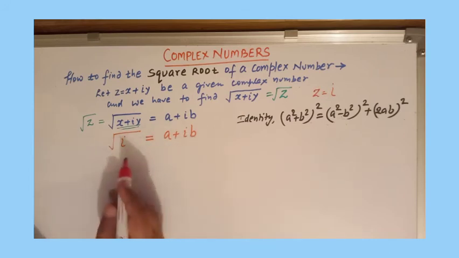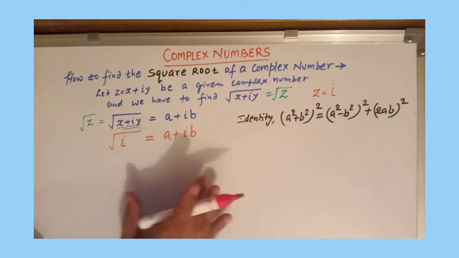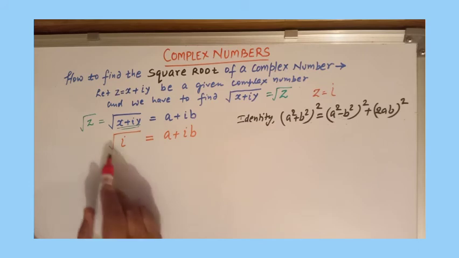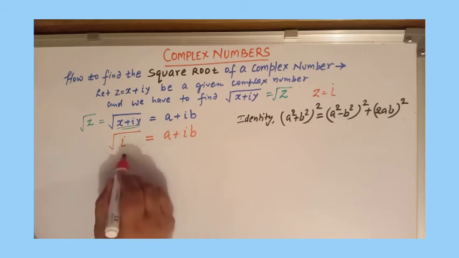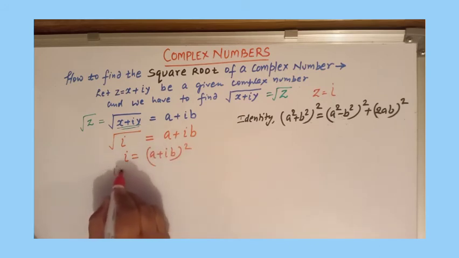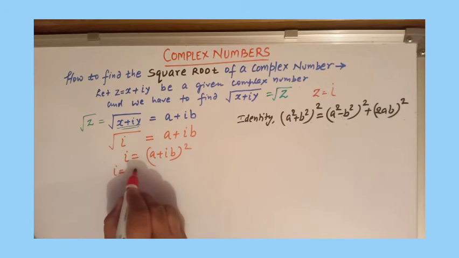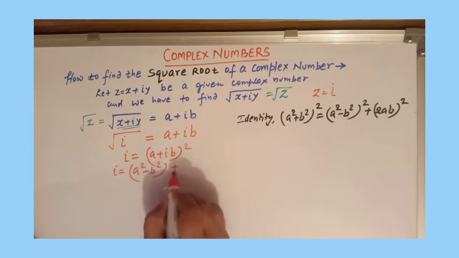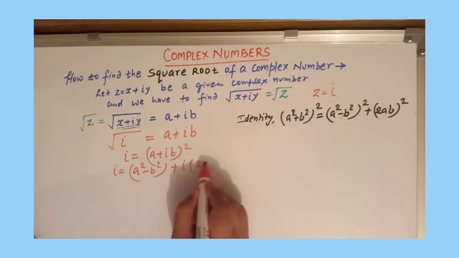Now squaring both sides, we are following the same method which we have used in our previous examples. Squaring both sides, we get iota is equal to (a plus iota b) whole square. So here we have iota is equal to a square minus b square plus iota times 2ab.